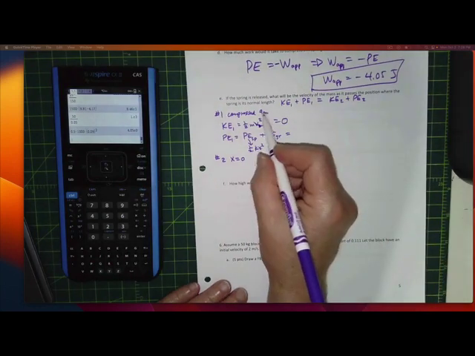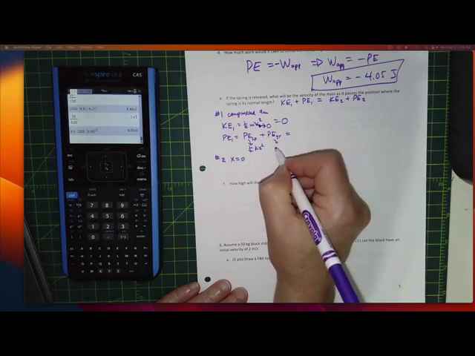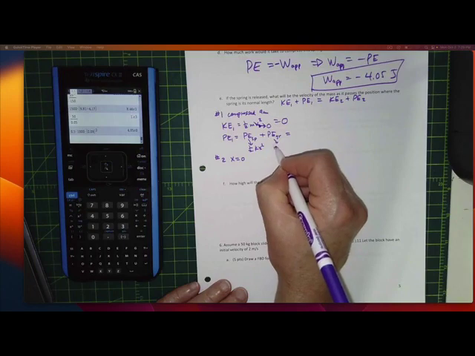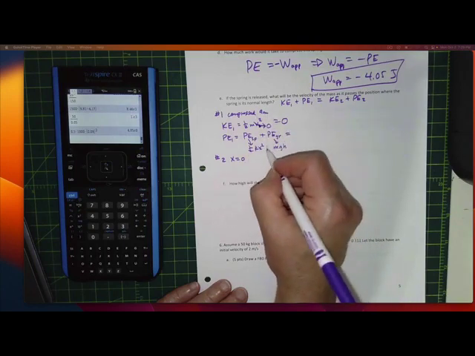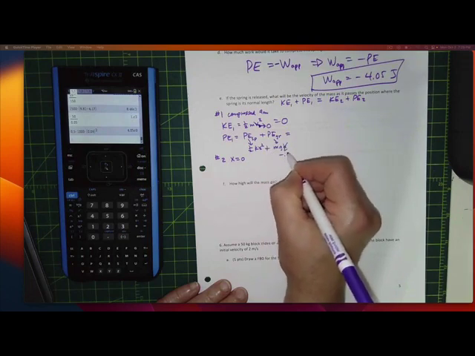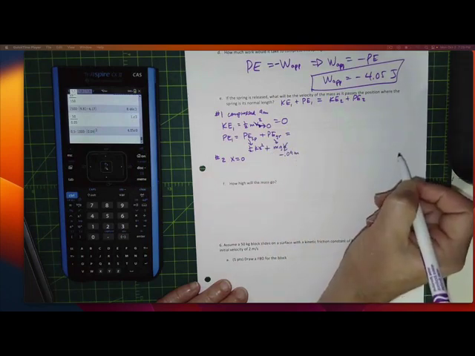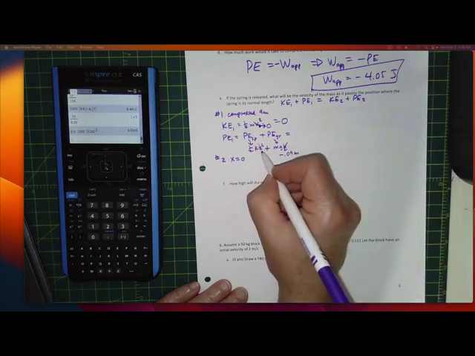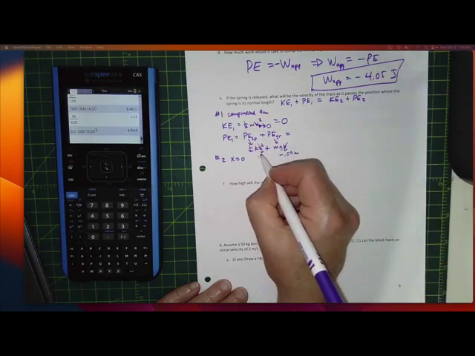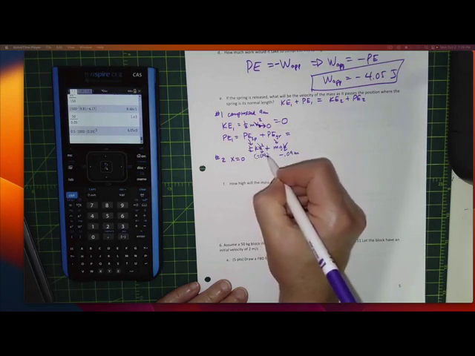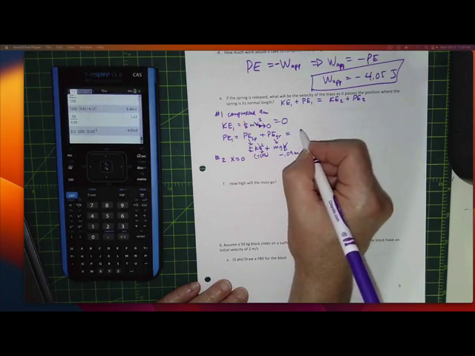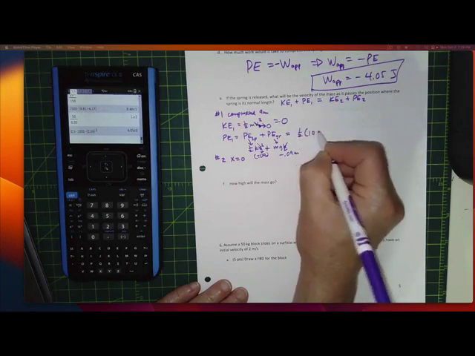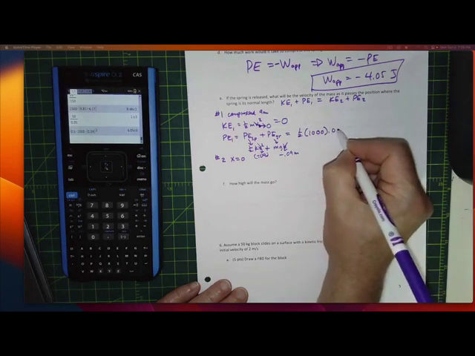So if we're compressed 9 centimeters, the formula for potential energy from gravity is mgh, or mgx, whatever the displacement is from the zero. In this case, h is negative 0.09 meters. For the spring, x is also negative 0.09 meters. So the potential energy is 1/2 k, which was 1,000, times 0.09 squared.